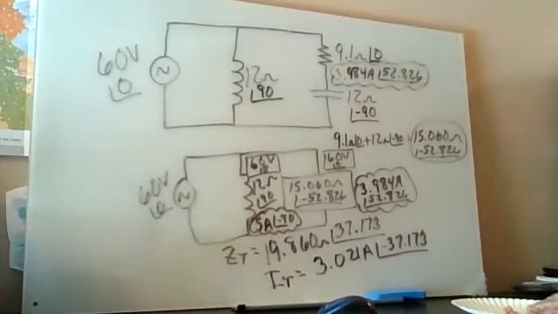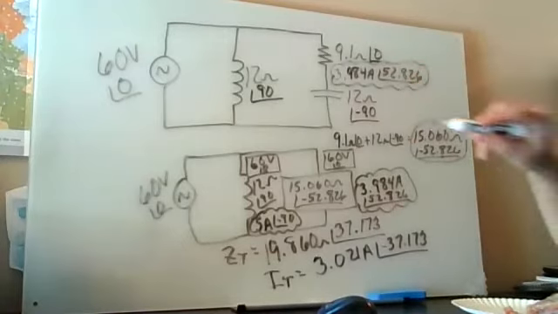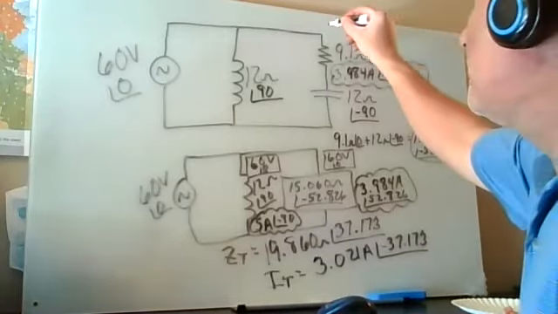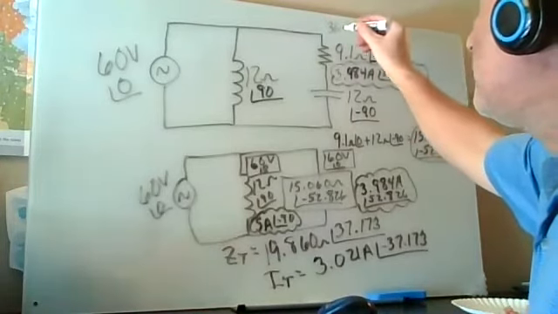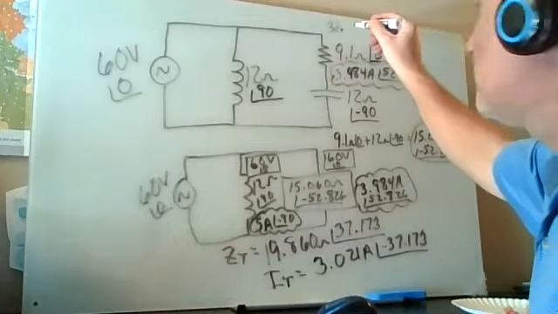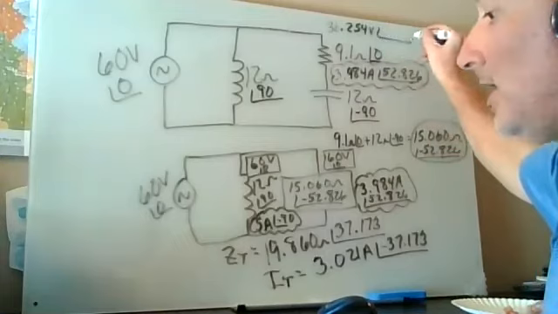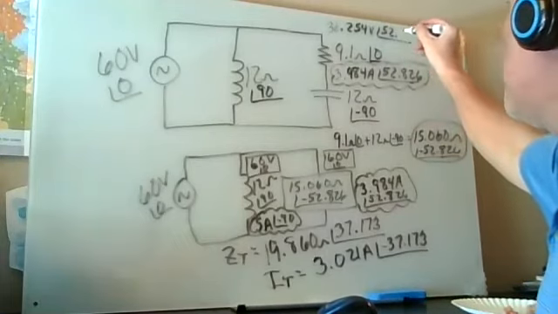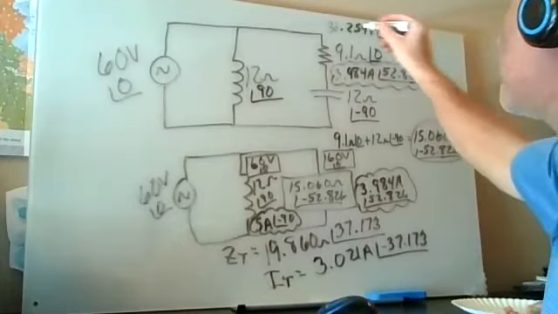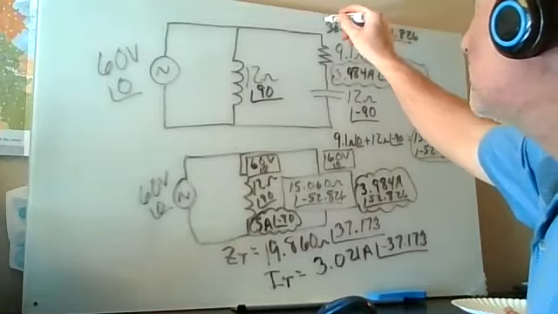Now I can get my voltage drop. Simply take the current times the impedance, current times the impedance. Here I get 36.254 volts at an angle of 52.826, and that's a 3 and a 6.